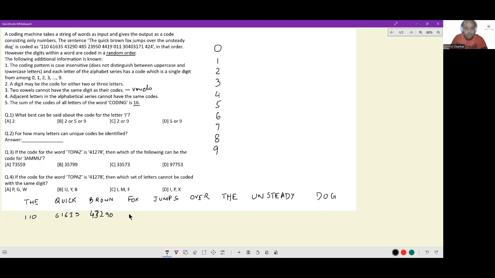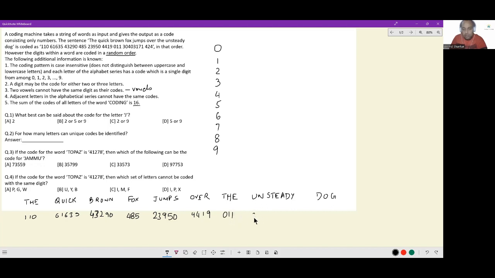Fox is 485. Jumps is 23950. Over is 4419. The is coded as 011.